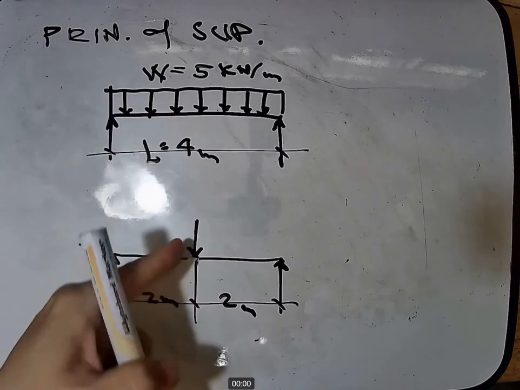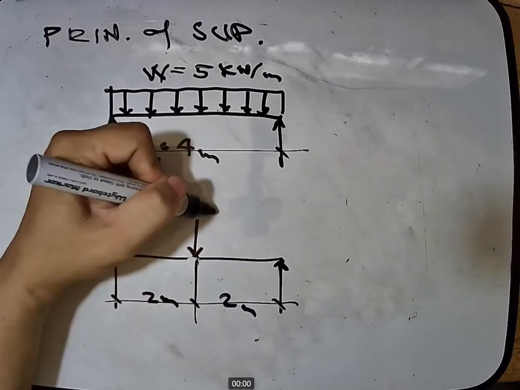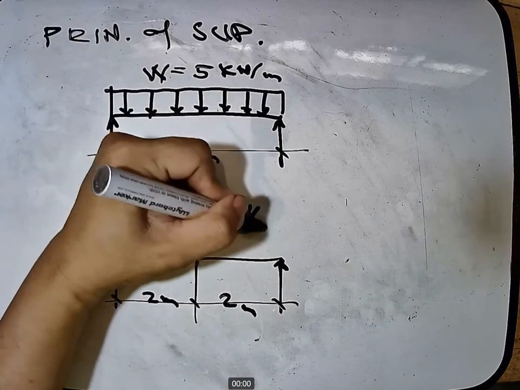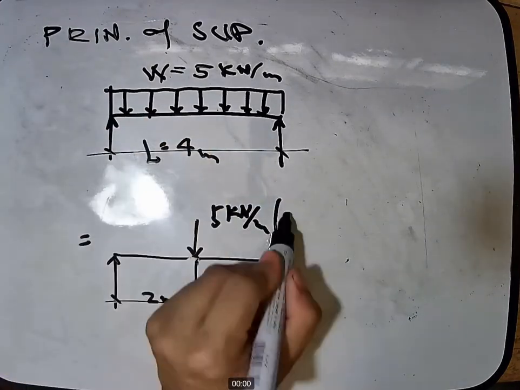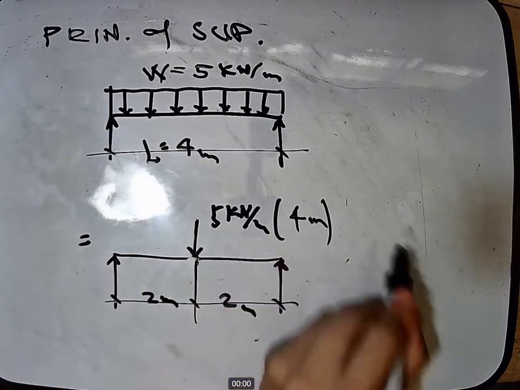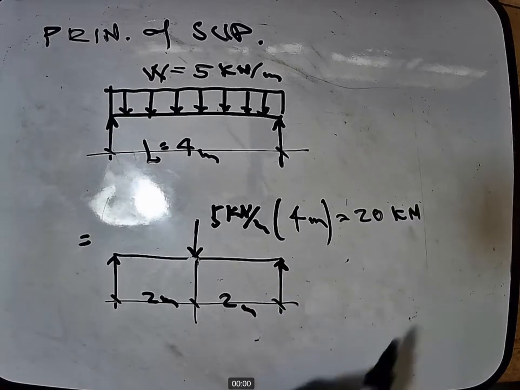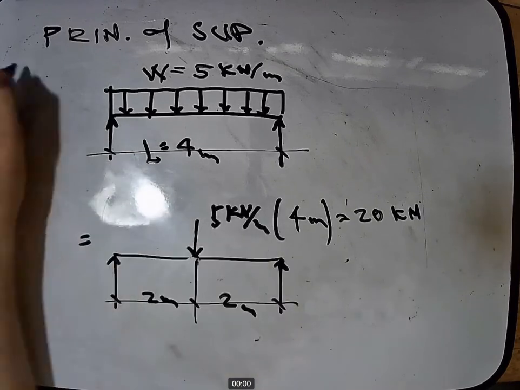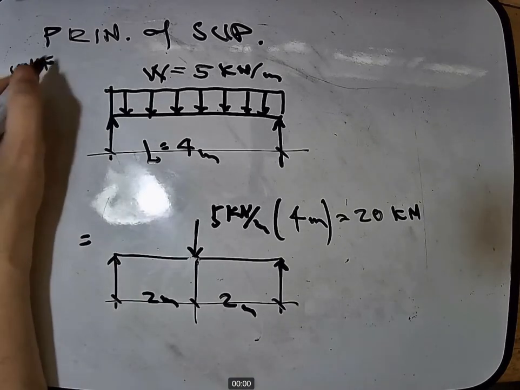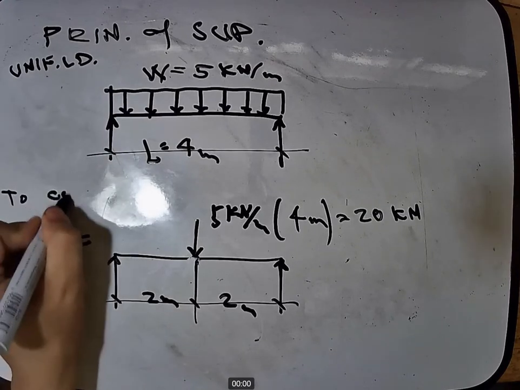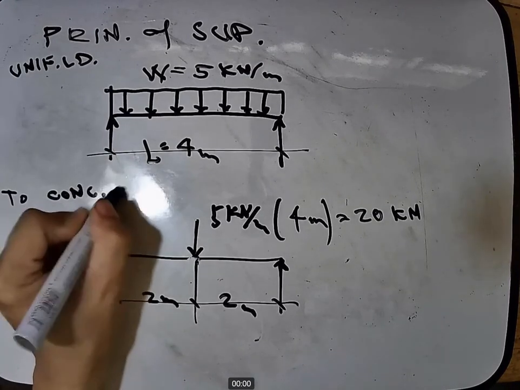Now, what is the equivalent load of this? So, this simply becomes now 5 kilonewton per meter, multiply that by the length 4. So, this now simply becomes 20 kilonewton. So, magiging concentrated load from uniform load.